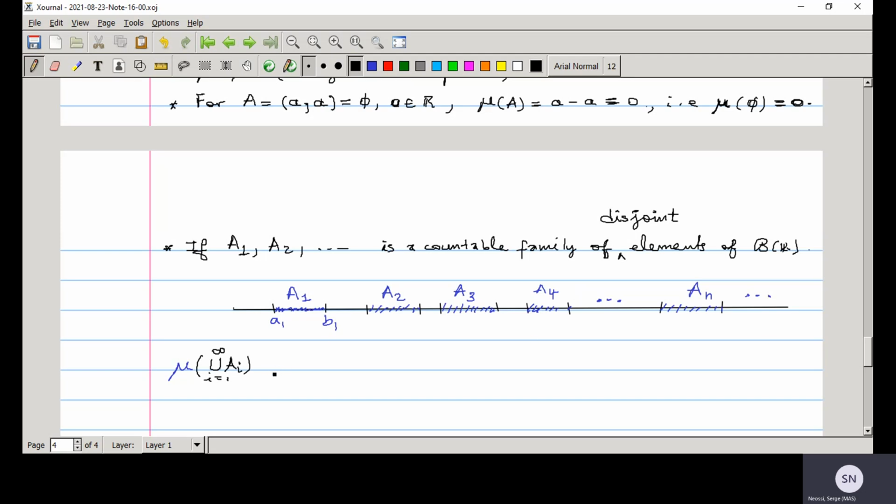So it will give us this length, B1 minus A1, plus B2 minus A2, B3 minus A3, B4 minus A4.